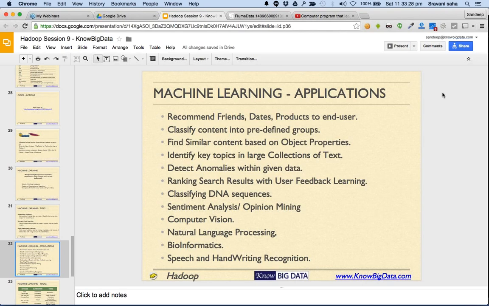These are all machine learning applications. Finding similar content based on object properties, and then identifying the keywords based on your full article. You have an article, and automatically figuring out what this article relates to.